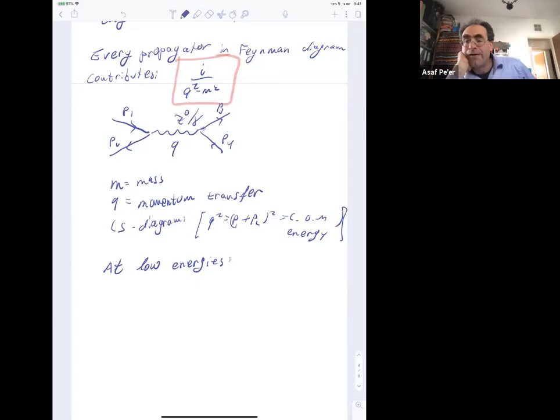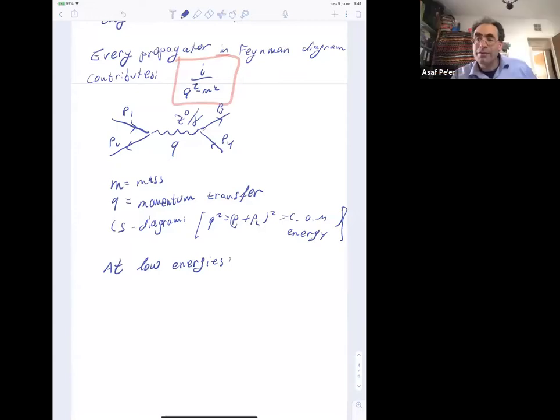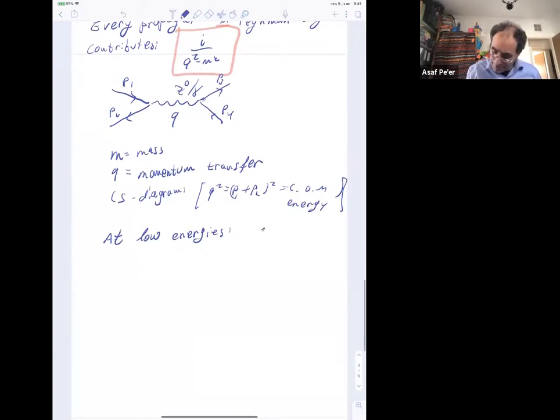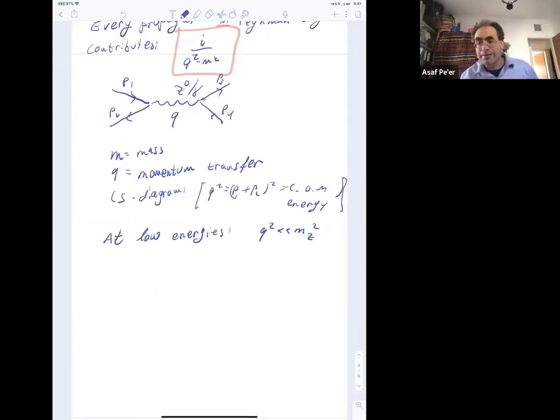Somebody help? Q is small, with respect to what? The mass, of course. Low energy simply means that Q squared is much smaller than mZ squared. This is low energy.